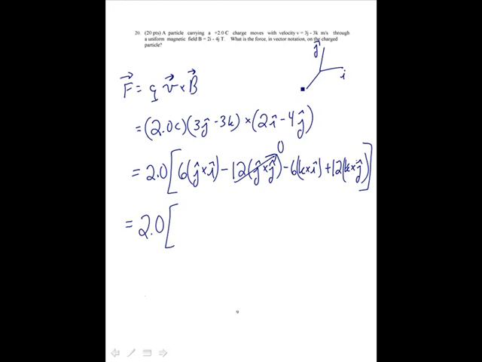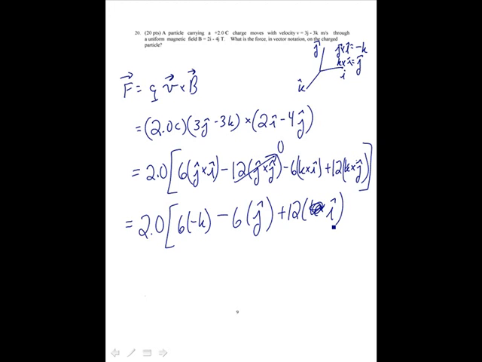It's I, J, K. J cross I, using my right hand rule, fingers in the direction of J, fold towards I, is negative K. So this is going to be 6 times negative K. Minus 6 times K cross I. K cross I is J. That minus 6 times J plus 12 K cross J, which is K cross J is I, positive I. Wait, no, I'm sorry, negative I. Alright, so that's negative 12K minus 12J minus 24I.